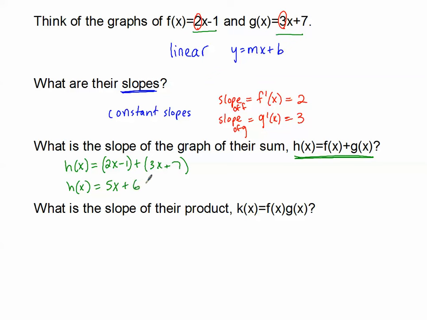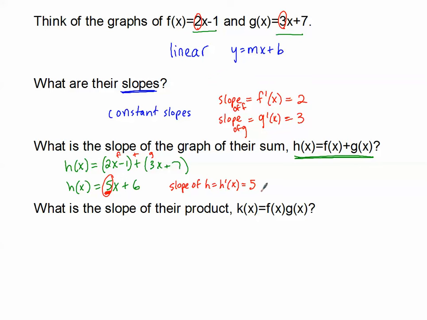So the slope of their sum, the slope of h, is h prime of x, which is that coefficient right there, 5. So we added f plus g, took the slope, the derivative, and got 5.